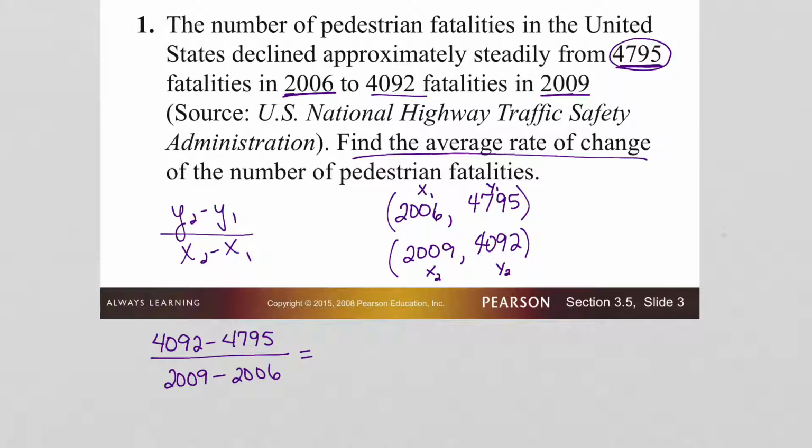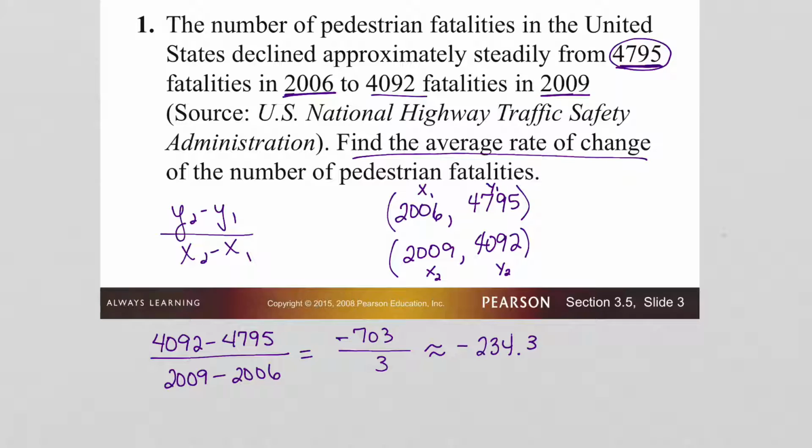Now it's just a matter of doing some math. So let's take a look at this. Okay, so whenever I subtract 4,092 minus 4,795, I get negative 703. 2009 minus 2006 is 3. And then whenever I divide that, I get approximately, notice I'm using the squiggly equal sign, negative 234.3 or so.